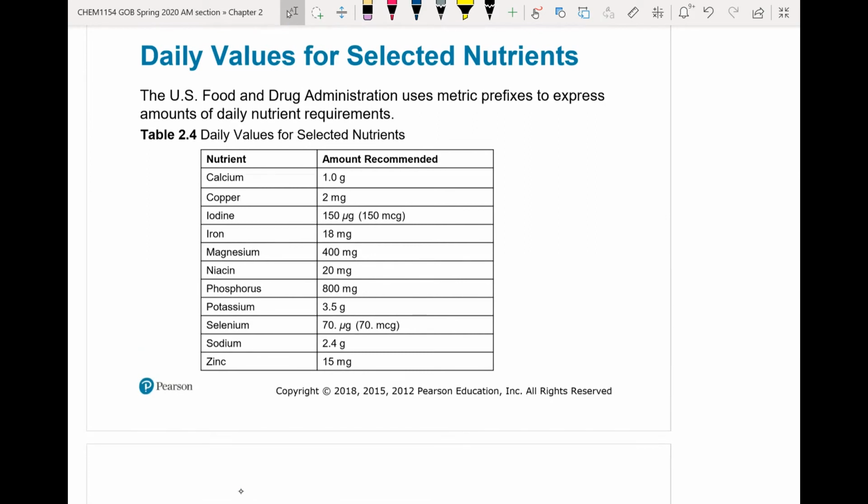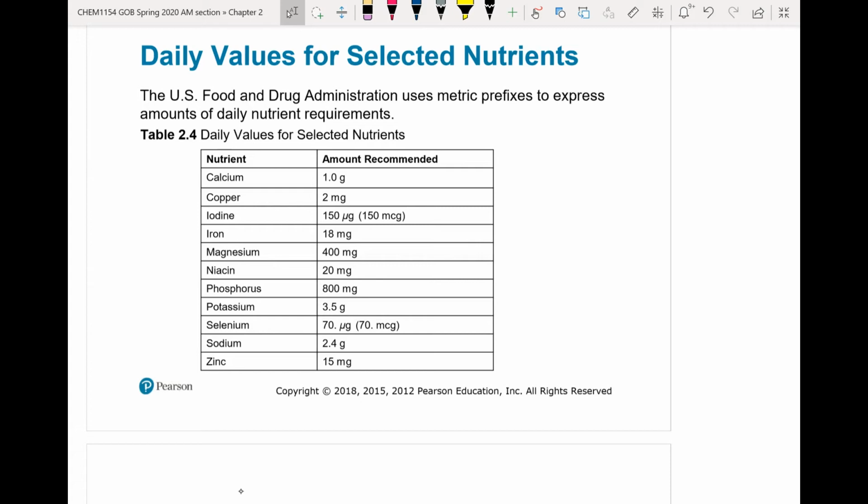And when the FDA, the Food and Drug Administration, tells you what you should be eating as part of your daily intake of whether it's calcium or different types of nutrients, they give you those values in the metric system.